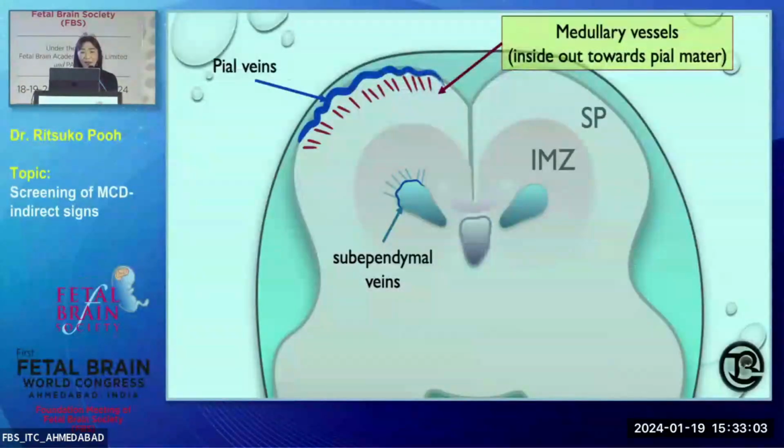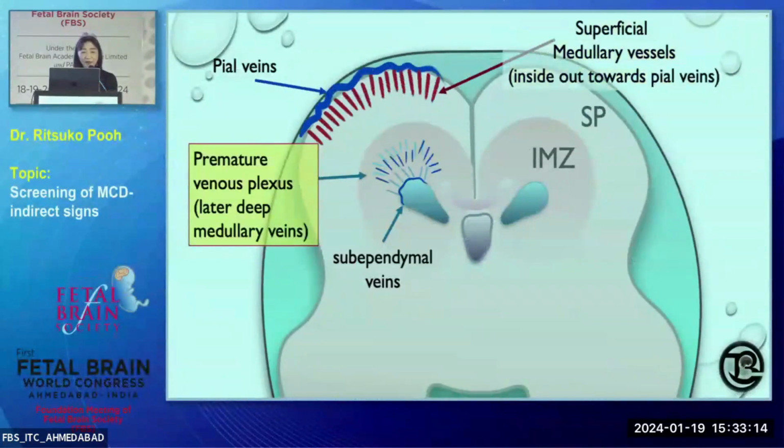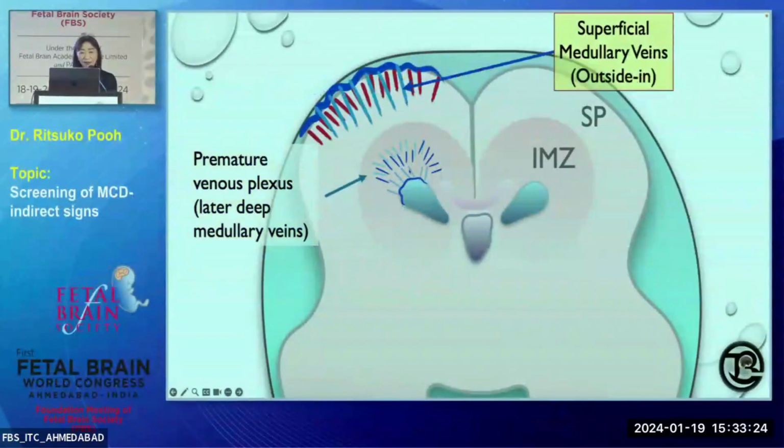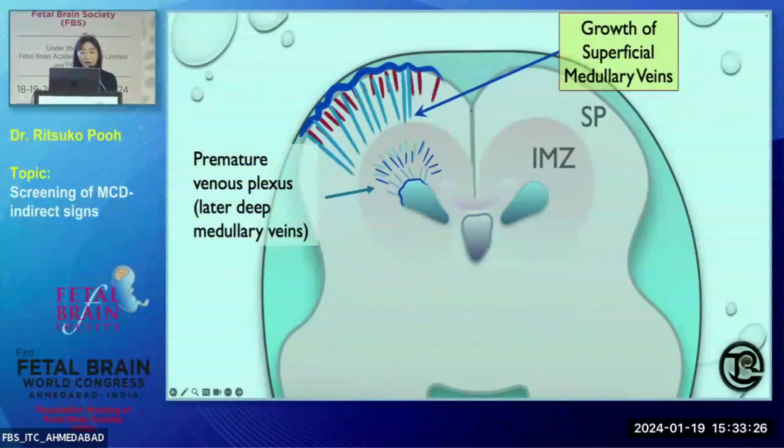And then I thought that most probably the superficial medullary veins are there, right? And here is the premature venous plexus for the later deep medullary veins. And then, with the growth of the superficial medullary veins, most probably this might be the pre-CEL.